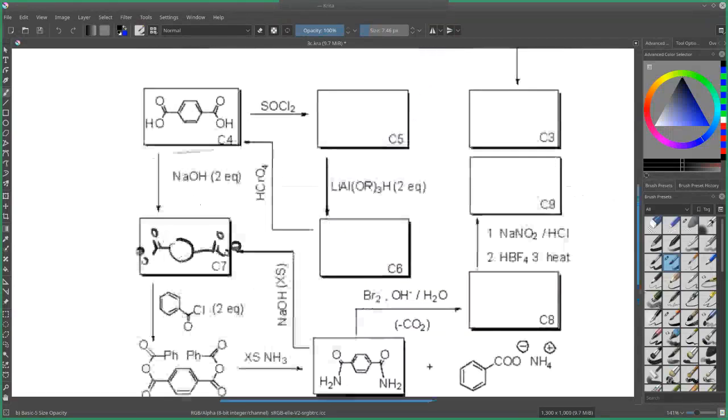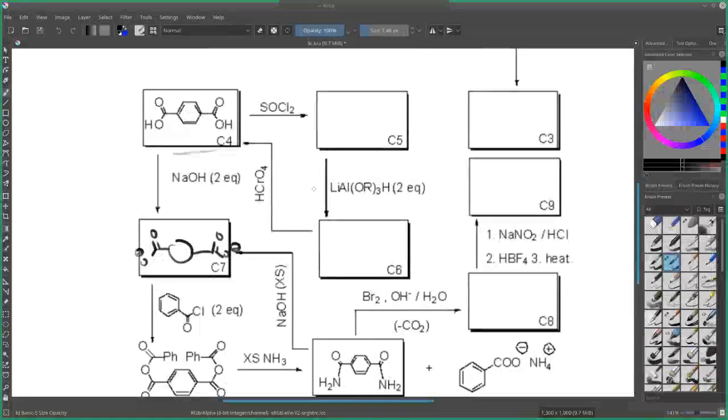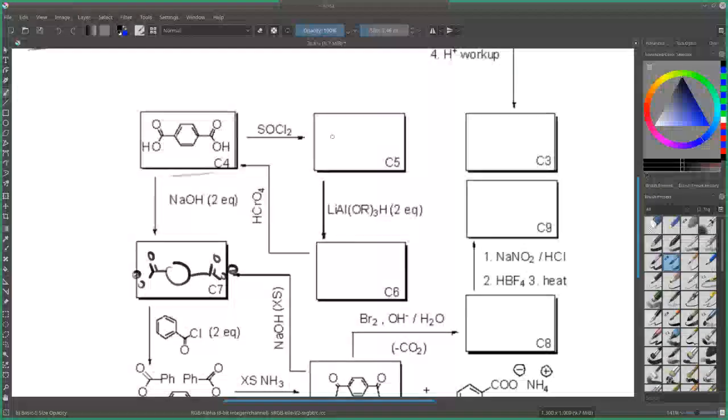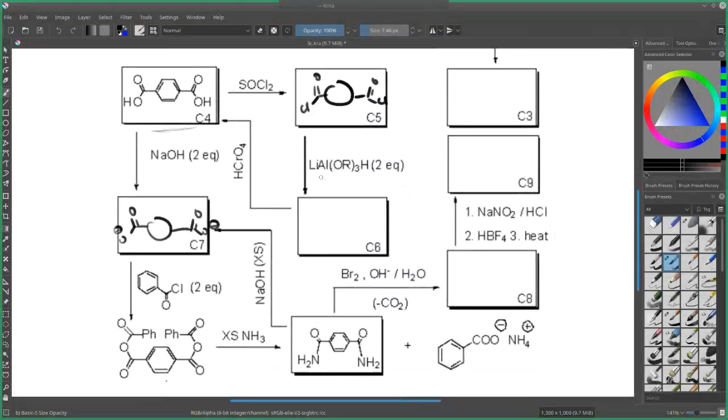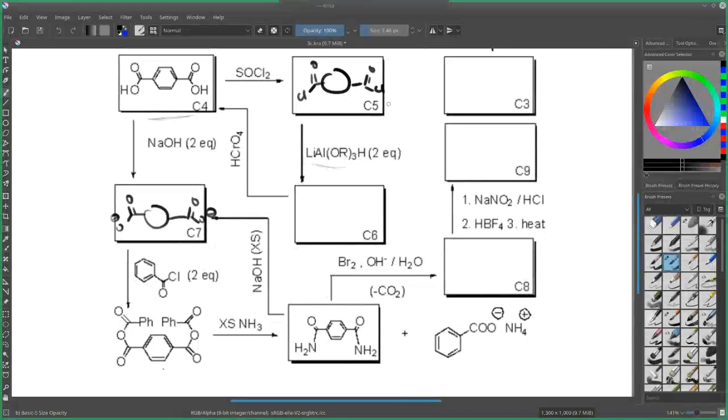From there, let's see, what direction can we go? Okay, we can add SOCl2 to this thing, so we will get two acid chlorides on either end. All right, and we can add lithium aluminum tri-tert-butoxyhydride, two equivalents, and this turns these acid chlorides into, does anybody remember what it does?